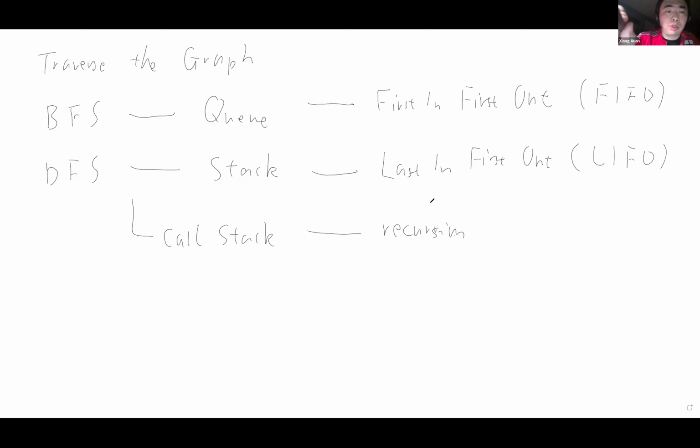So let's first do this one. Okay, so the BFS, right? For BFS and any graph search, you need to start with a certain node, right? So suppose you have a start node. Then you want to initialize your queue.